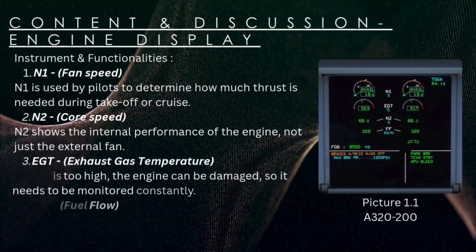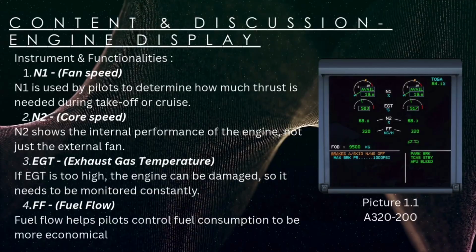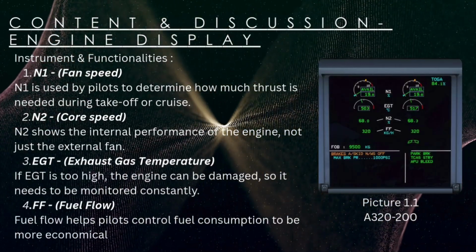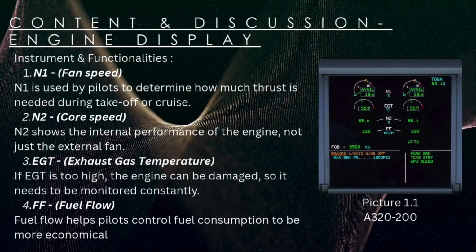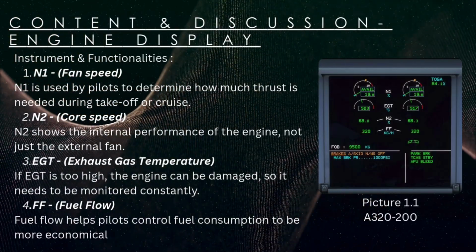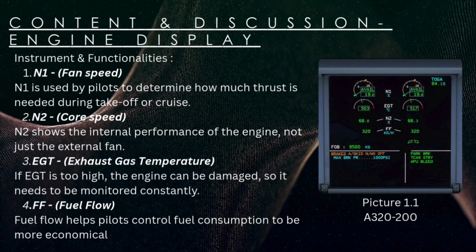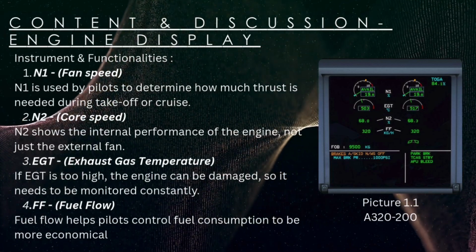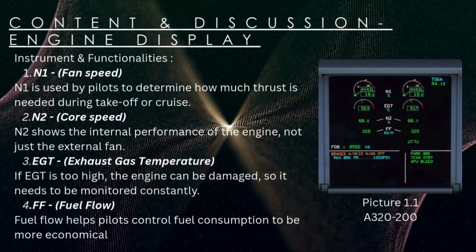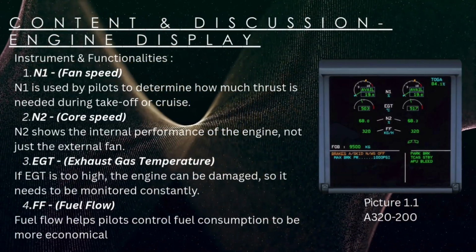Alright, so we go to the instruments and functionalities. N1 indicates the fan speed and is used to control thrust, while N2 represents the core engine speed. EGT monitors the engine temperature to prevent overheating, and fuel flow shows the rate of fuel consumption.